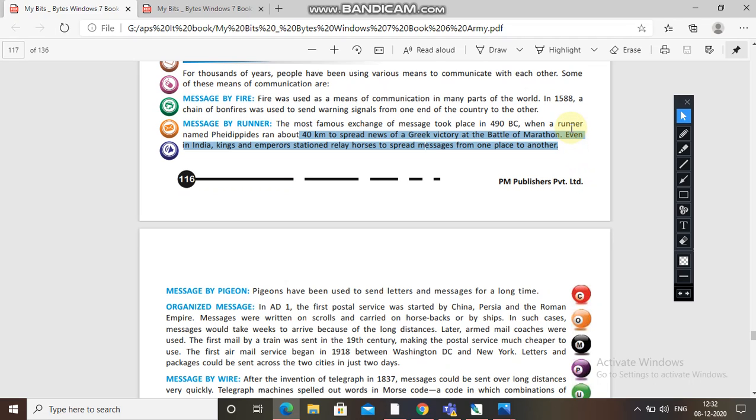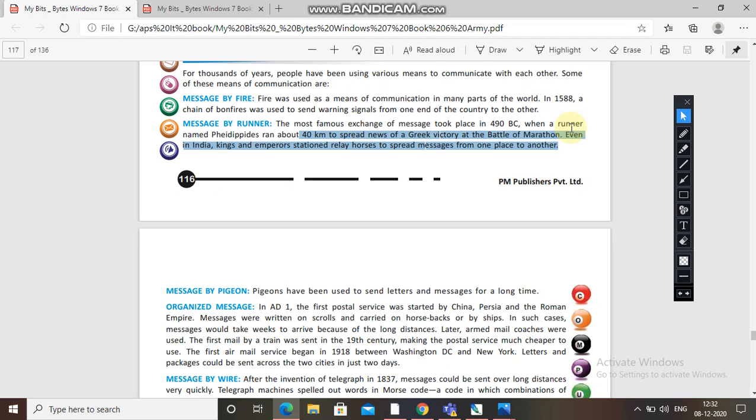He ran 40 kilometers just for news that the Greeks had won the Battle of Marathon. Even in India, kings and emperors stationed relay horses to spread messages from one place to another.